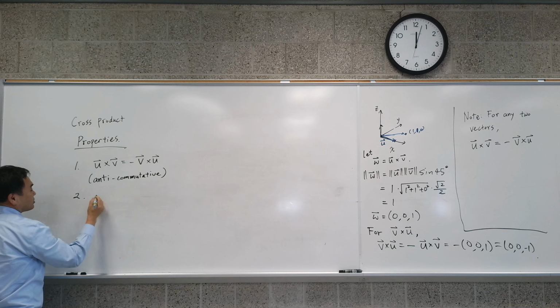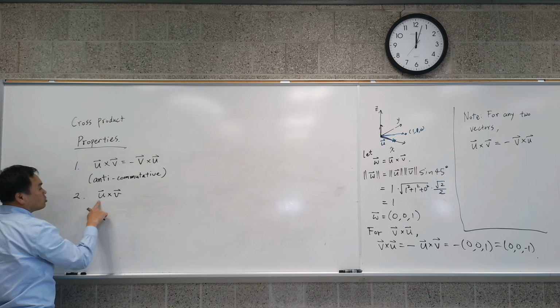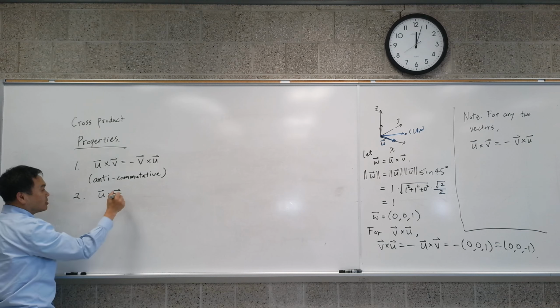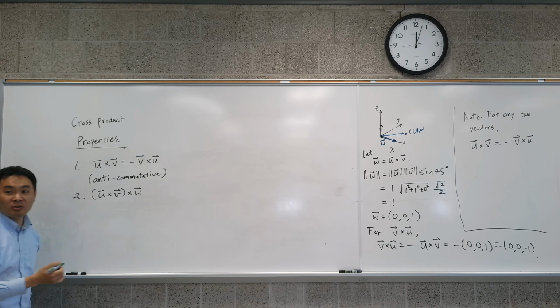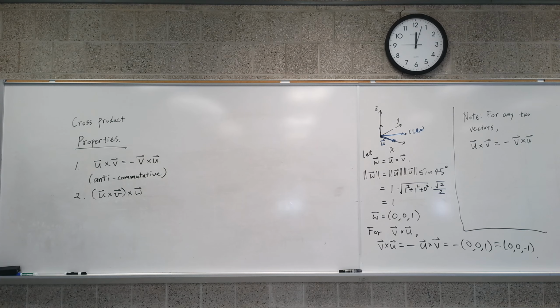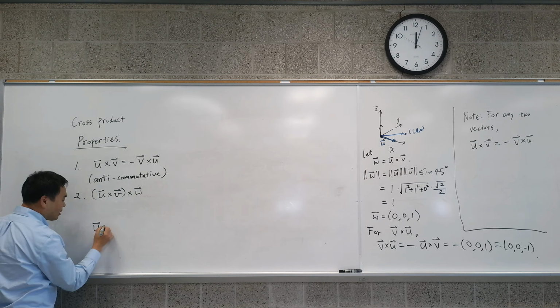Now, another thing is that, interestingly, because u cross v is a vector, you can multiply another vector to it. So you can have a triple or any number of multiplications you want. You can't do u dot v dot w.